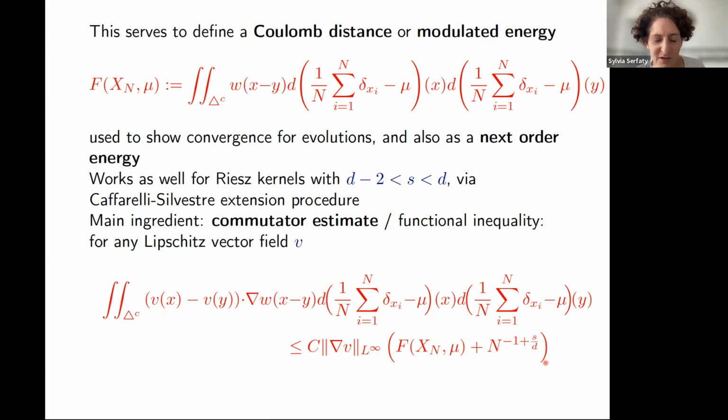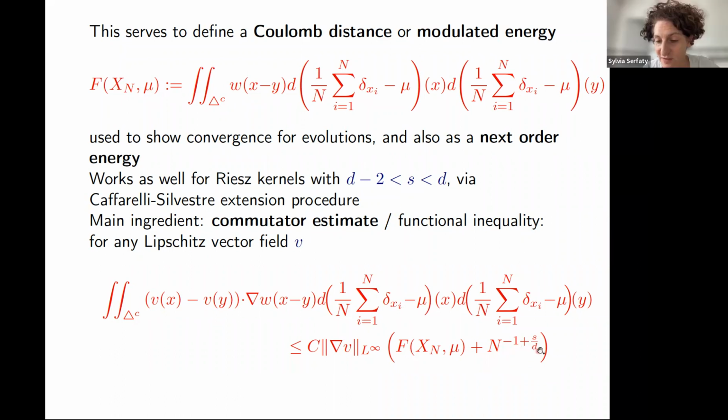Is someone talking? I was wondering if in the last line in parentheses, n to the minus 1 plus s over d, is it always much smaller than F of x_n, mu, or are there cases when they are comparable? So yes, it's always small. It's always at most the same because, first of all, it always tends to 0, right?